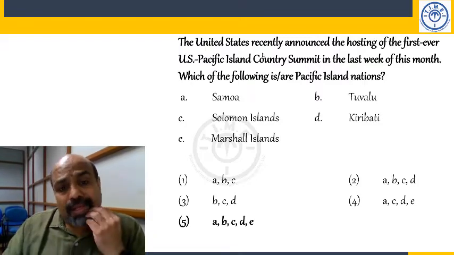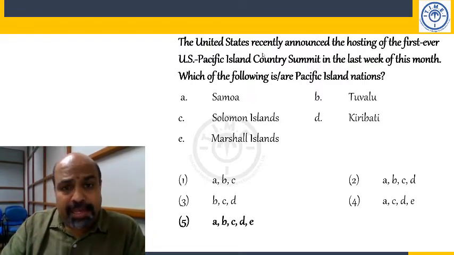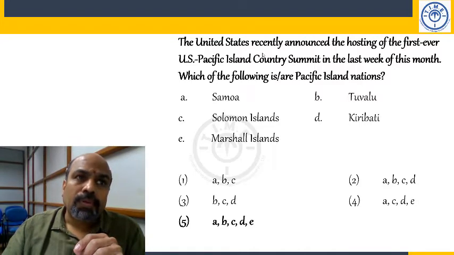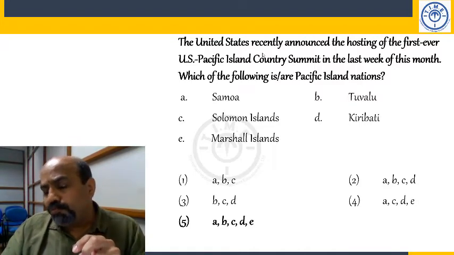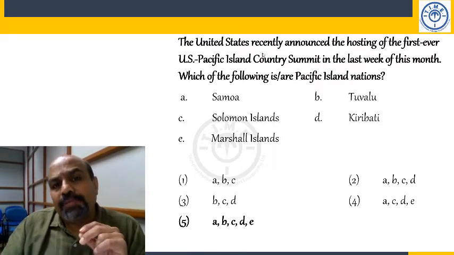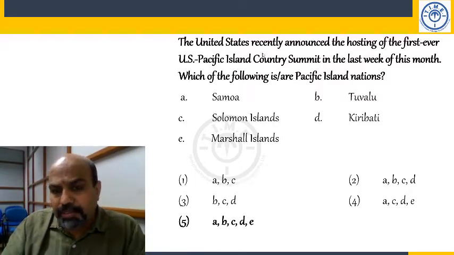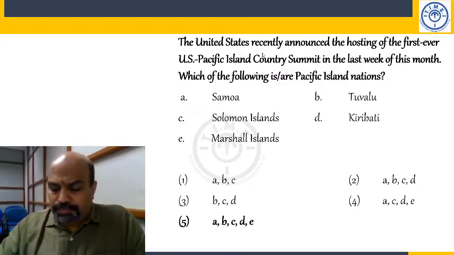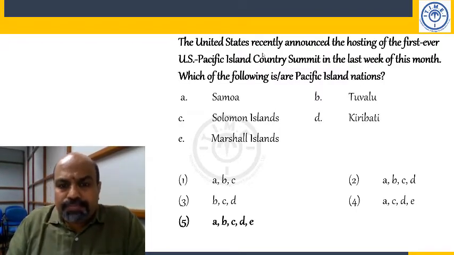Please write the capitals. Choice A, Apia, A-P-I-A, Apia. Then choices like Tuvalu. Tuvalu's capital is Funafuti, F-U-N-A-F-U-T-I, Funafuti.